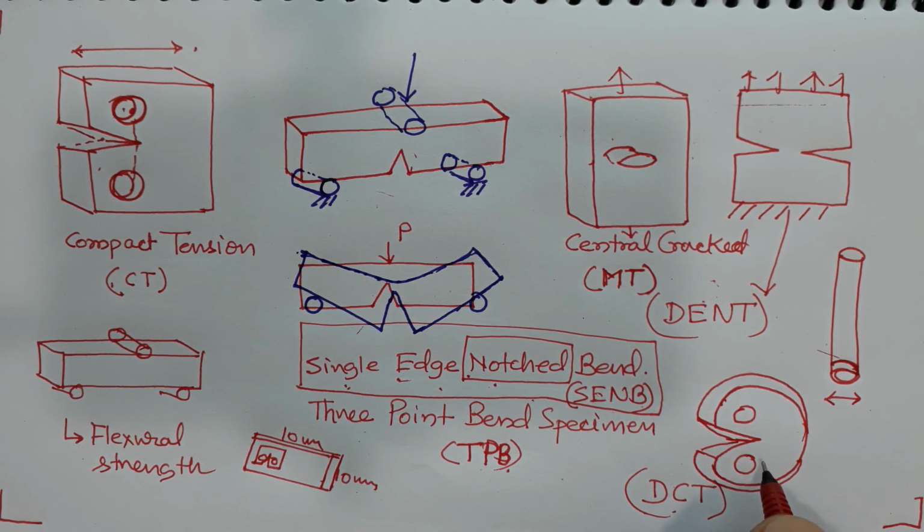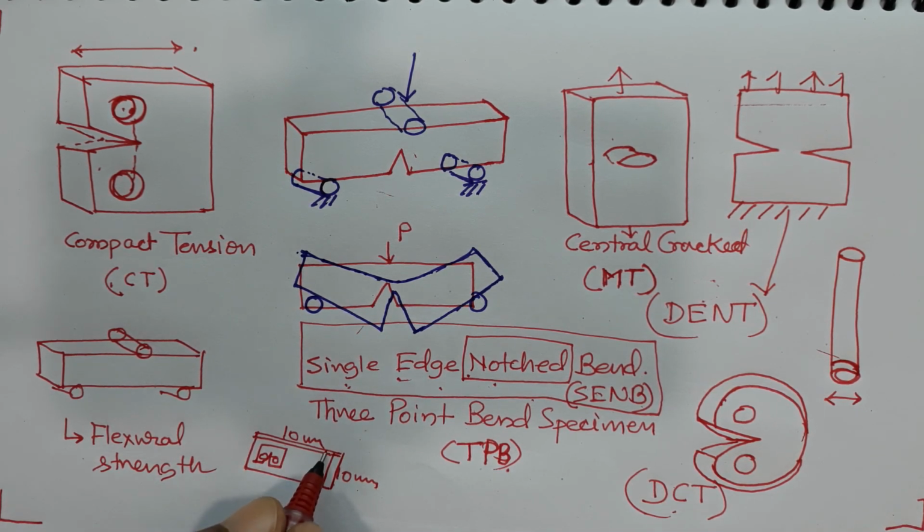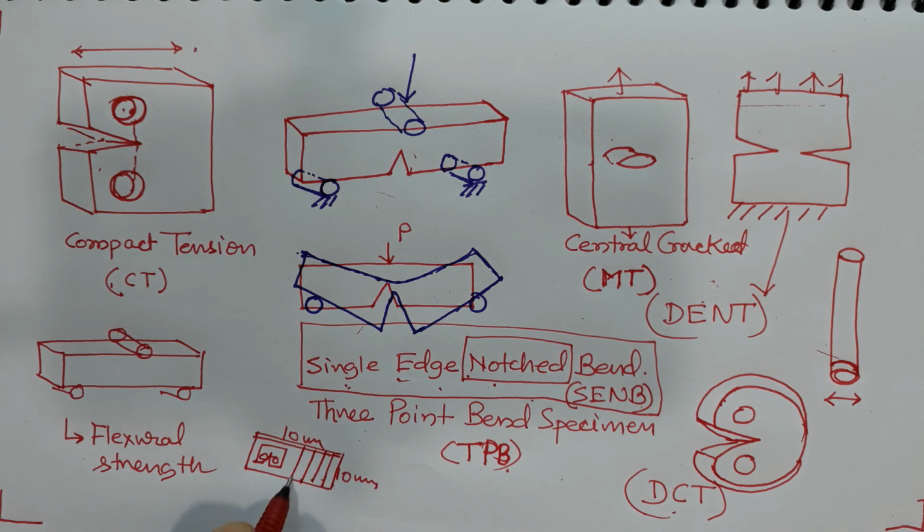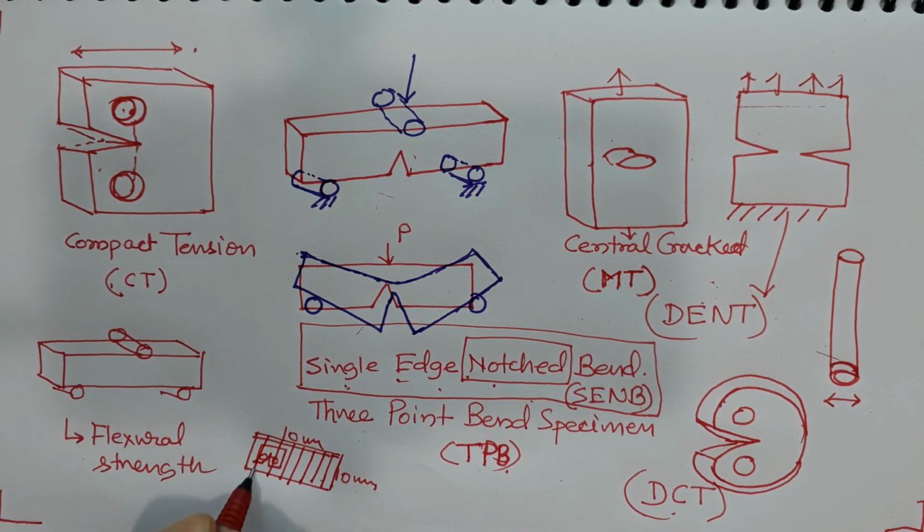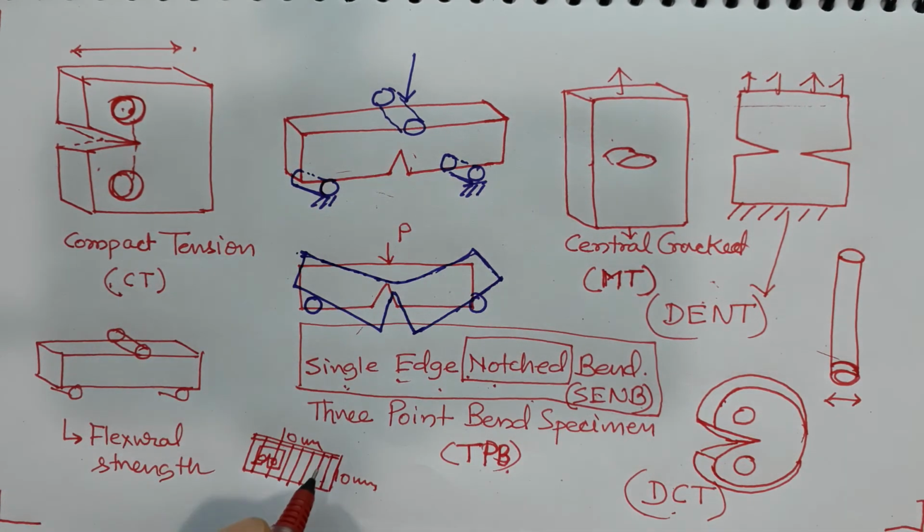If you have a very small amount of material, then it is easier to cut only rectangular blocks and make this kind of specimen, because then you will not be losing a lot of material. You have developed this out of research and you do not want to waste material in the cutting process.